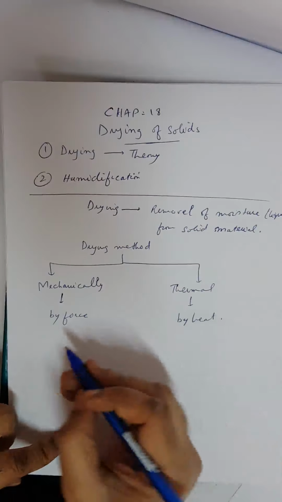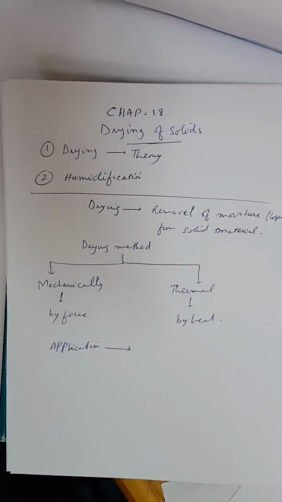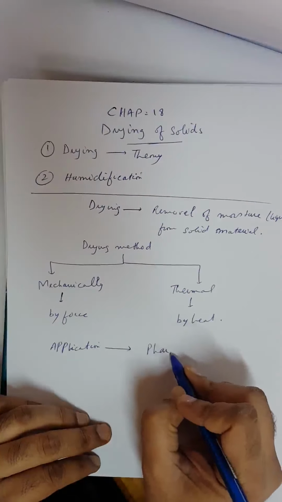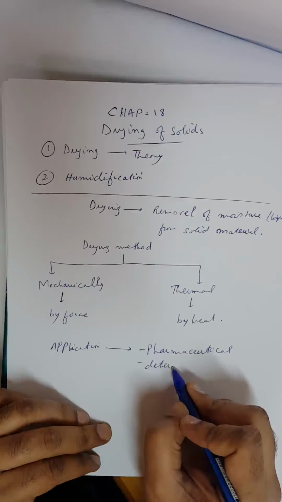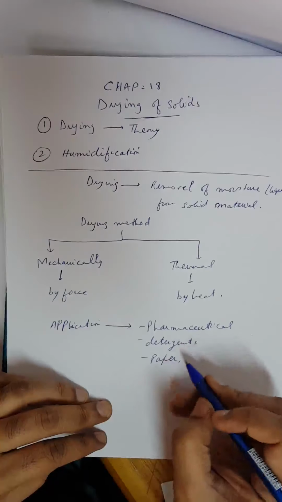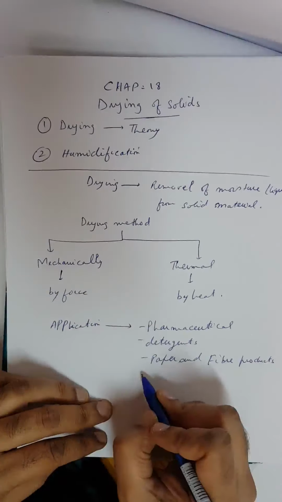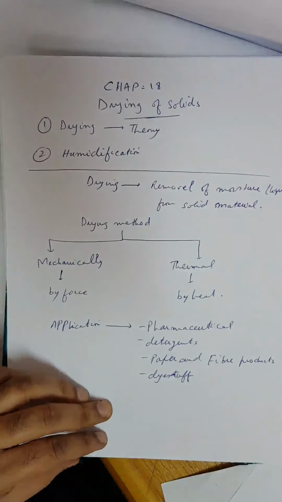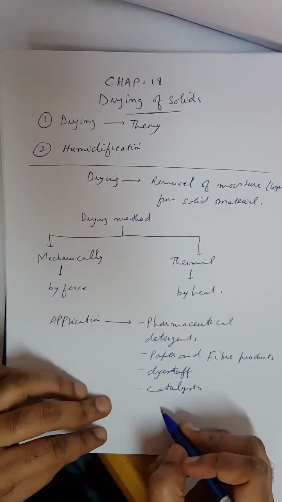So the purpose or the application of drying: it is used in so many places, like pharmaceutical, detergents, paper industry, paper and fiber products, dyes, catalysts, and maybe films and coatings.